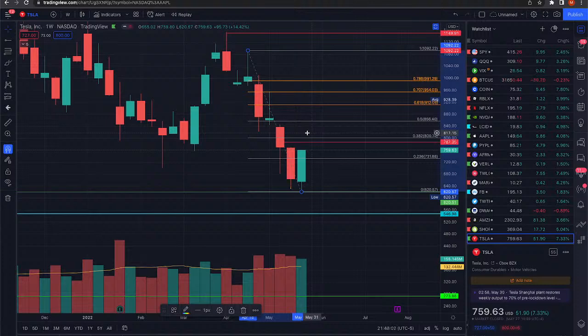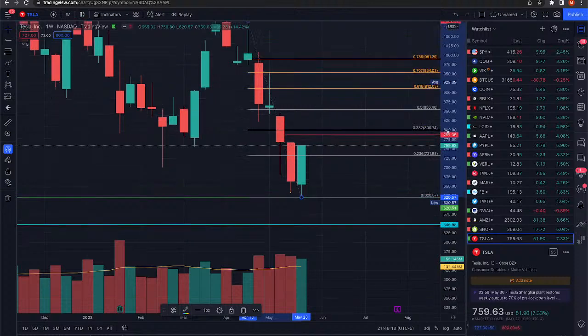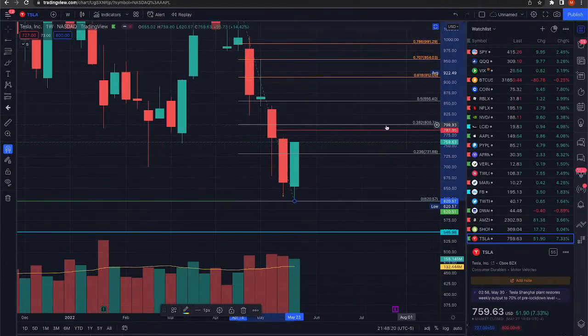So probably I'll be sticking to Apple, QQQ. Those are lower priced options, which I think are better for the 5K challenge. But if I see a good opportunity, I'll take it on Tesla and I'll signal it. But yeah, definitely Tesla can get up there to 800.